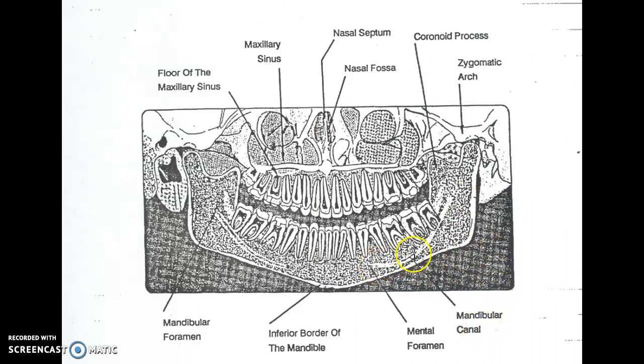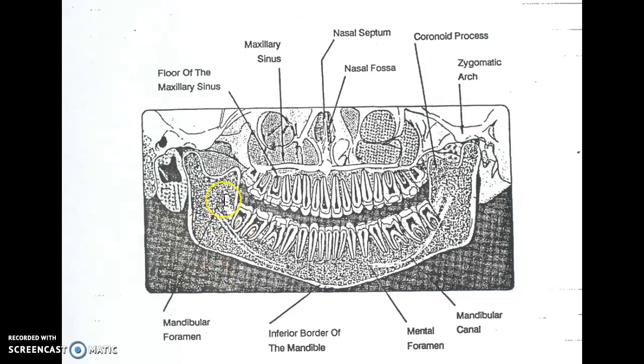The mandibular canal is right here. It runs on both sides. You've got your mental foramen at about the second premolar, and your mandibular foramen is way back here. So I'll show you, it's on the other side. It is visible in a panoramic, but look how far back that is. That's not going to be visible on an intraoral image.